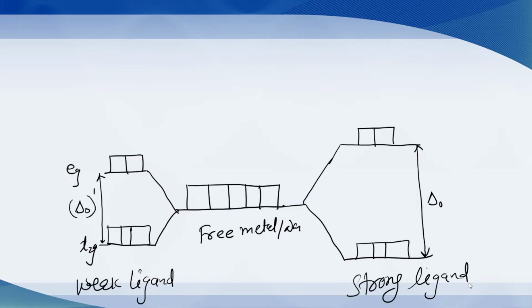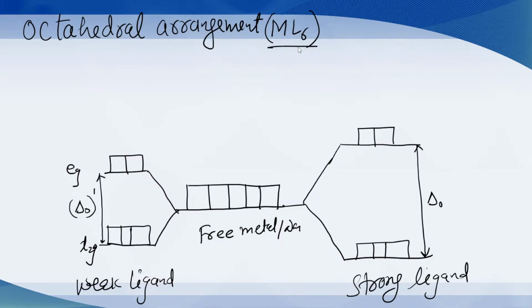Now tell me, if the arrangement is octahedral, then what is the hybridization? In the octahedral arrangement, that is ML6, what is the hybridization? Keep in mind, hybridization is either d2sp3 or sp3d2.